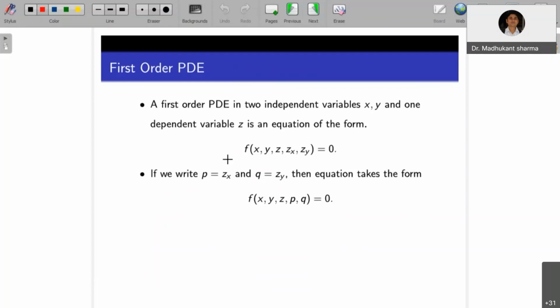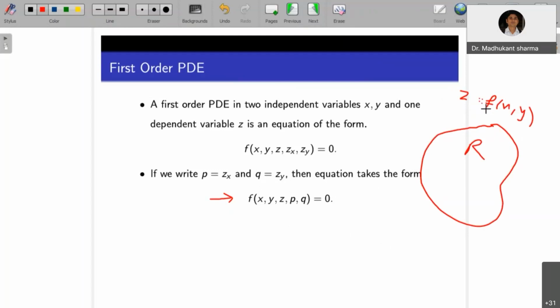Now the next question is, what will the solution be? By looking at this equation, what you can think is that the solution will exist in some region R. Either the solution is z equals f of x comma y, or it may not be this.